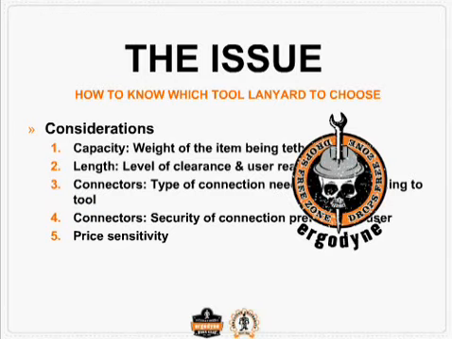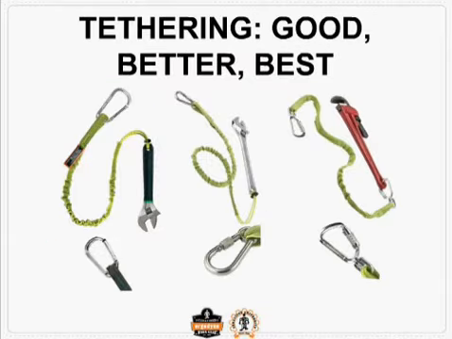So when choosing a harness, you can match that harness's capacity to the worker's weight. However, do you think your workers are weighing every single tool that they're carrying on them? No, they're not. So capacity should be taken into consideration. Other considerations are the length, the level of clearance needed, connectors, what type of connection you should use, and then price sensitivity.